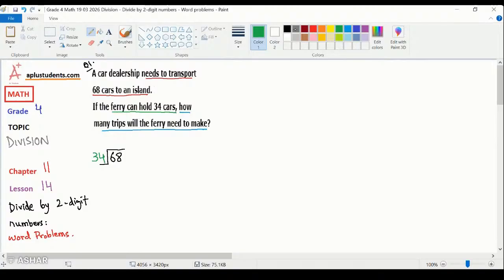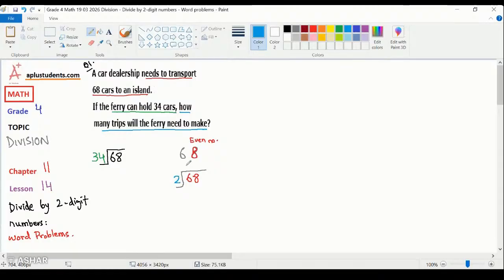Can we say that 68 is a number, and since it's ending with an 8, this is an even number? And even numbers can always be divided by 2. That is the rule for even numbers. An even number can be divided by 2.